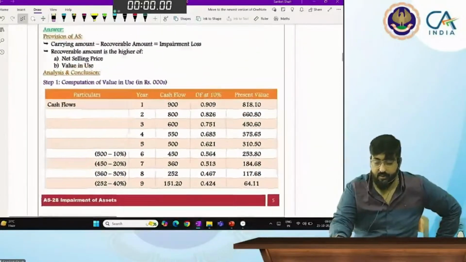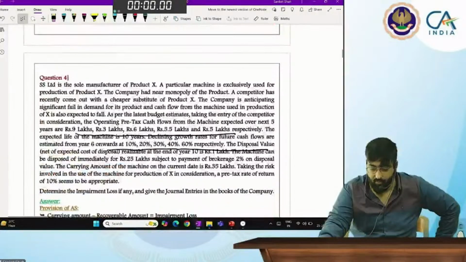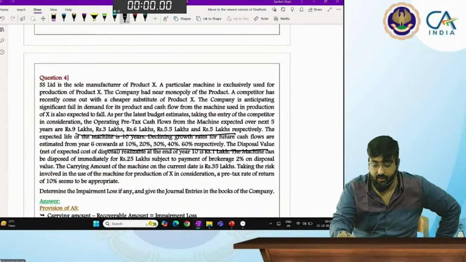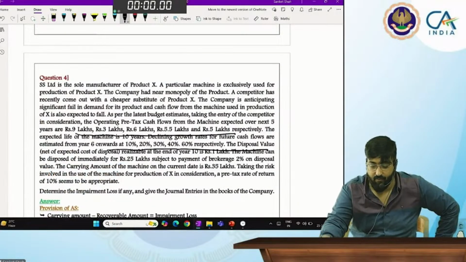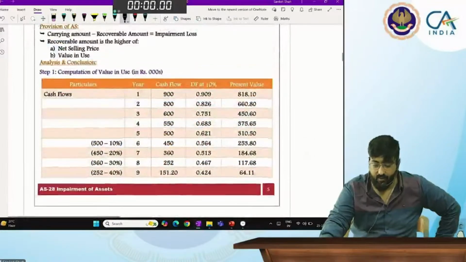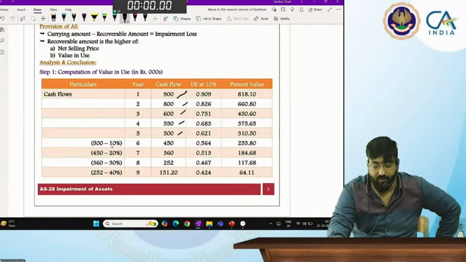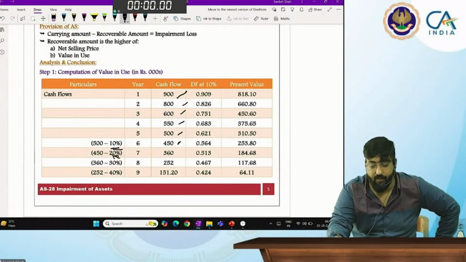In the first year, they have given you inflows of 9, 3, 6, 5.5, and 5. And thereafter decline in the growth. So 9 lakhs, 8 lakhs, 600, 500, 550, and 500. And after that 10% decrease. So 450. After that 450 में 20% decrease. Then 30% decrease.